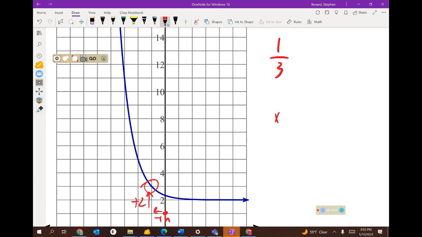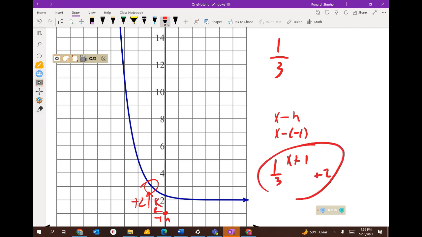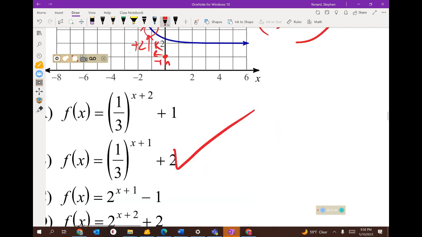Okay? So this is my h, this is my k. When we have x minus h, and we put in a -1 right there, that's going to turn into 1/3 to the x plus 1 plus 2. So this is what we're looking for. +1 plus 2 with a third base. Check right there.